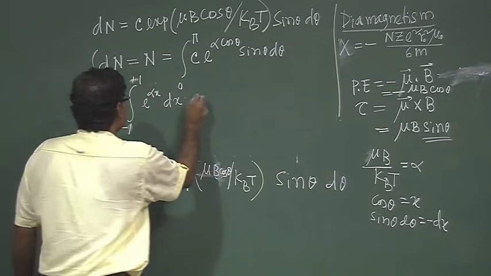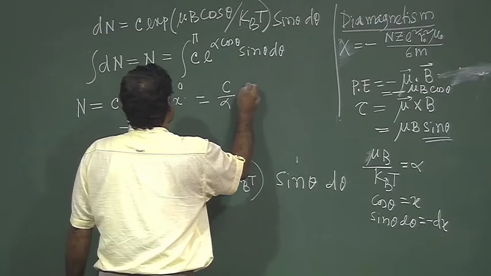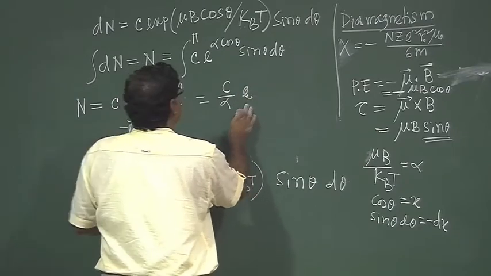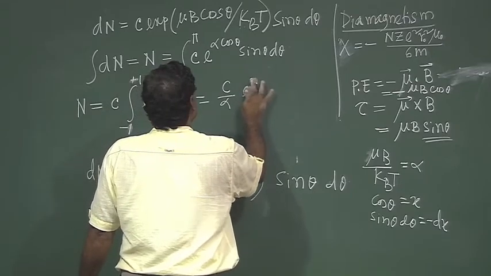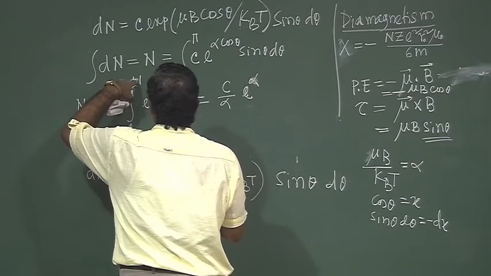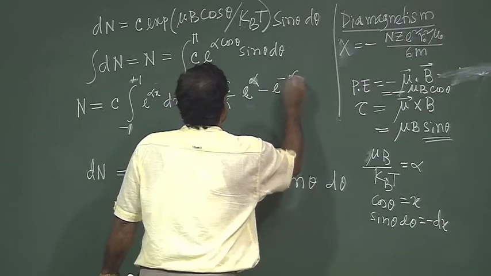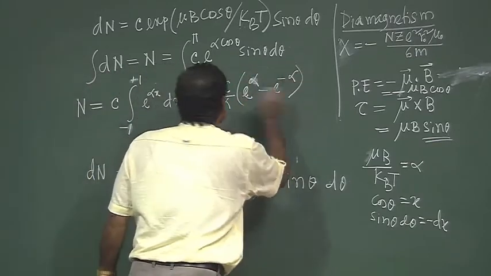So this will give me C by alpha, e to the power alpha x, evaluated from minus 1 to plus 1, that is e to the power alpha minus e to the power minus alpha, in a bracket.